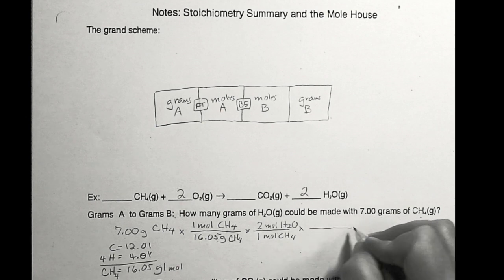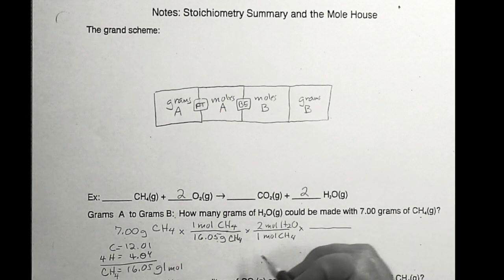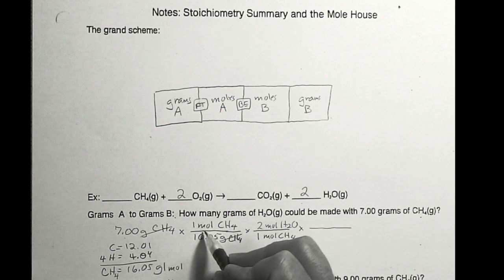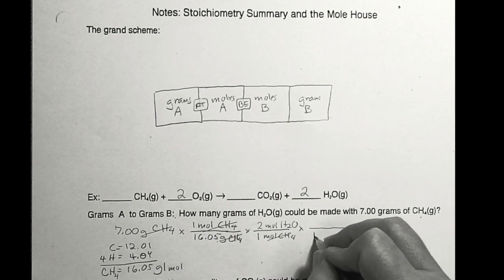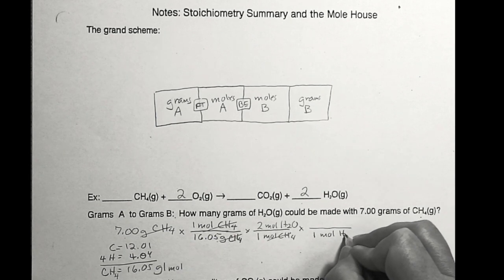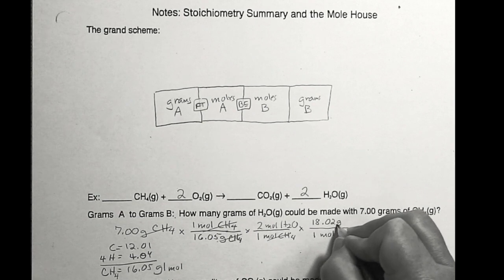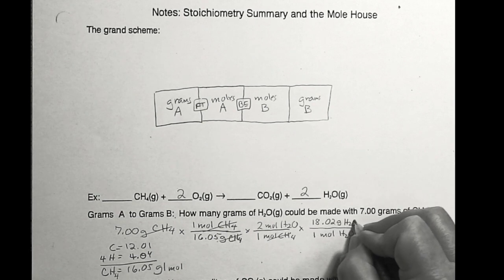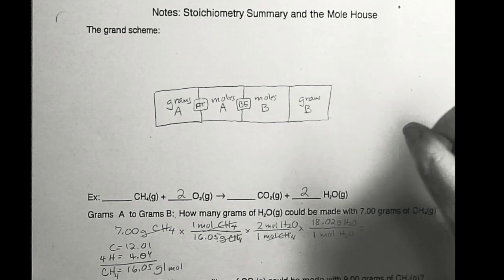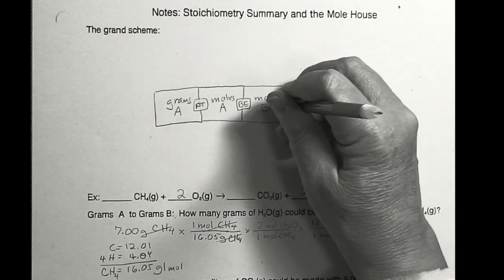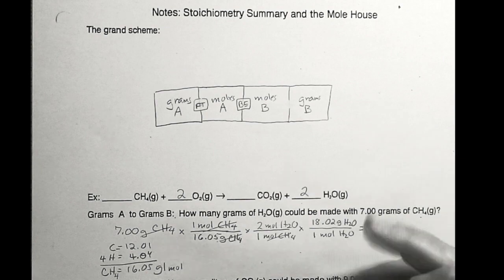So from what we're used to, our grams of CH4 have canceled, our moles of CH4 is canceled. Now we're going to say that 1 mole of H2O is 18.02 grams of H2O. I'm assuming you know that one. So that's, once again, going from one room to another.